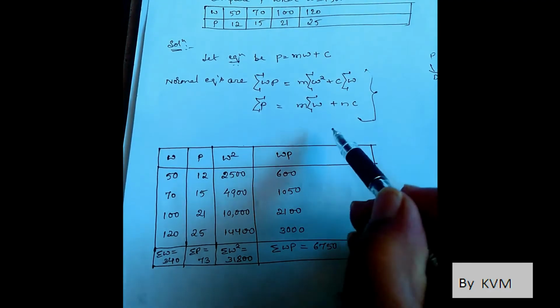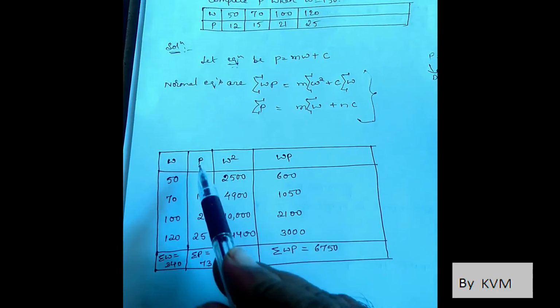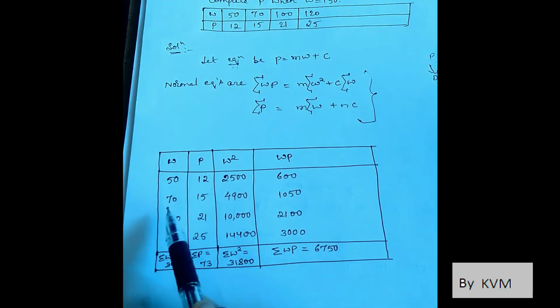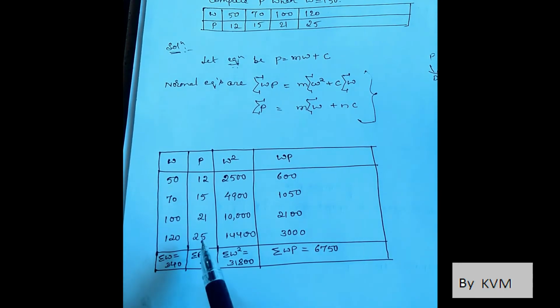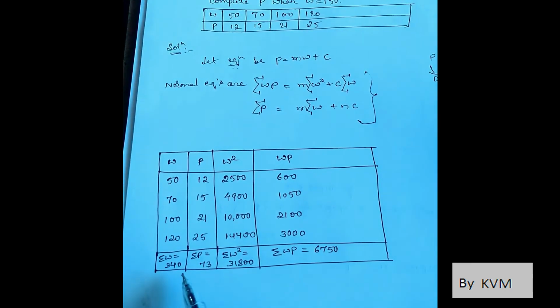So now from the first normal equation, we need sigma W. In the table, write down W and P values: 50, 12; 70, 15; 100, 21; 120, 25. Then adding all the values of W, sigma W is 340.